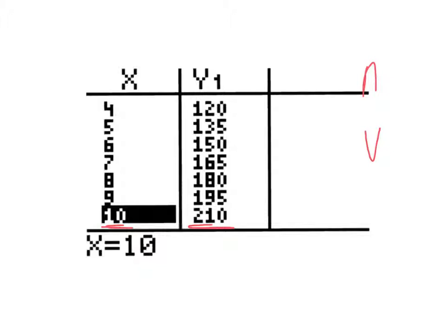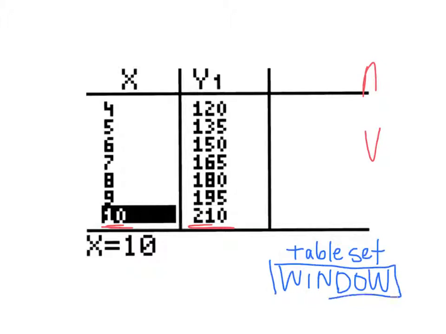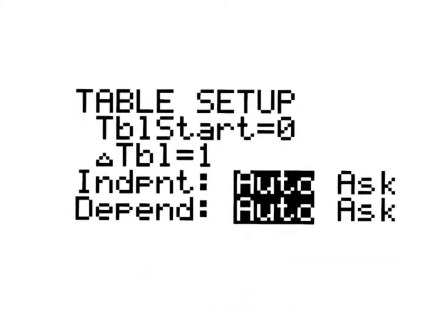Now what I want you to do is go to your table set function, which can be found above your window button. Where your graphing buttons are, you should find one that says window, and above it is your table set. Since it's in blue ink, you're going to have to press the second button first. When you go to your table set, you're going to see an image like this.